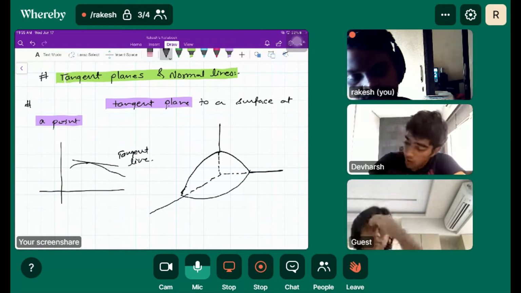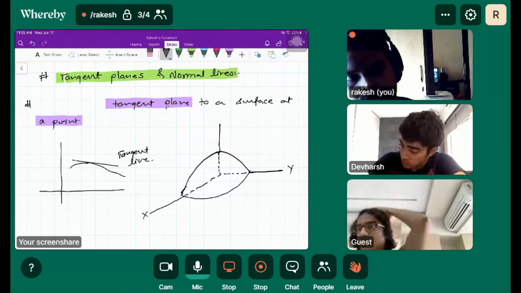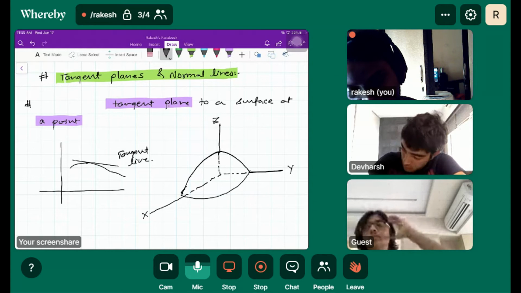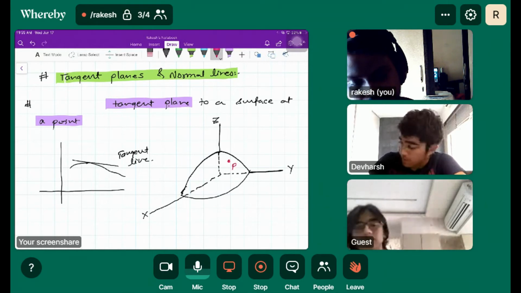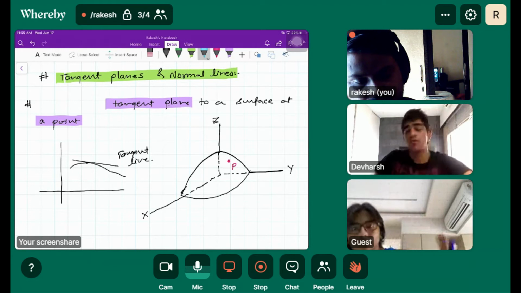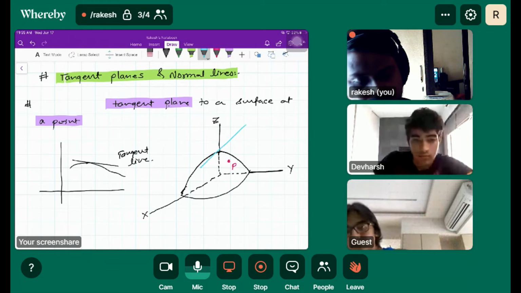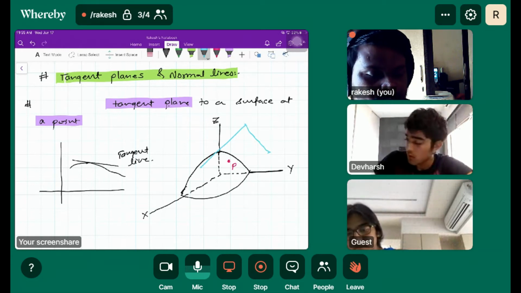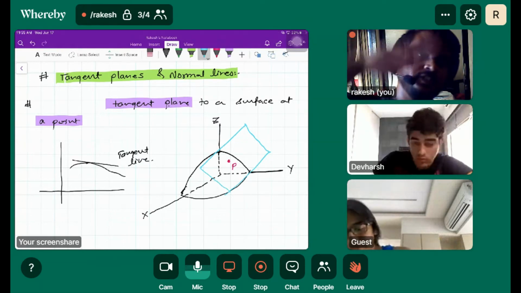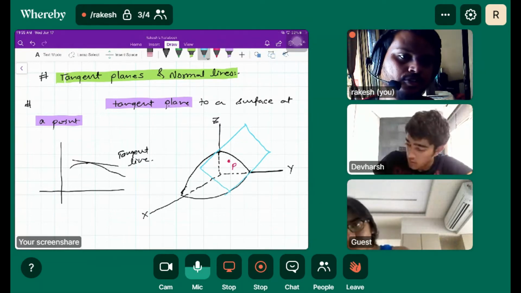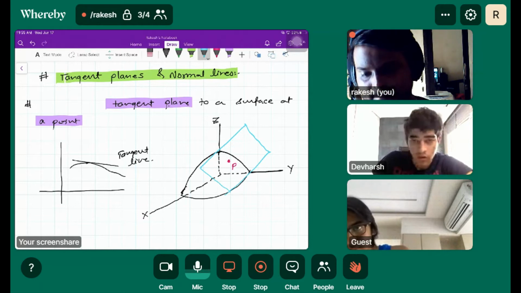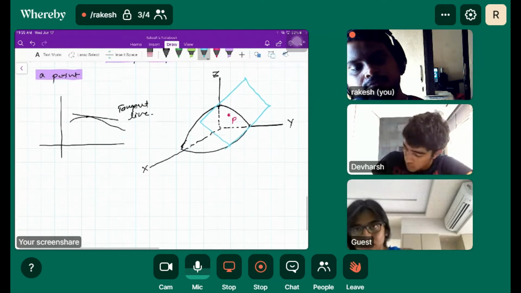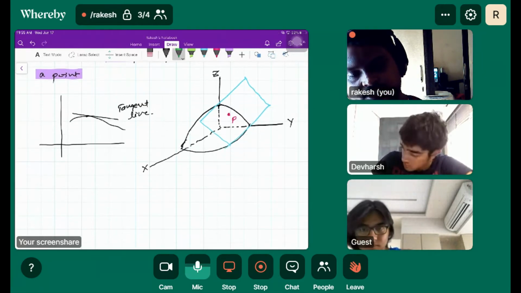So this is the xy plane, and this is z. At any point on this surface, at P, I can draw the tangent plane. I'm not sure of the exact drawing, but just understand that this is the tangent plane drawn on the surface at point P. So this is called the tangent plane.